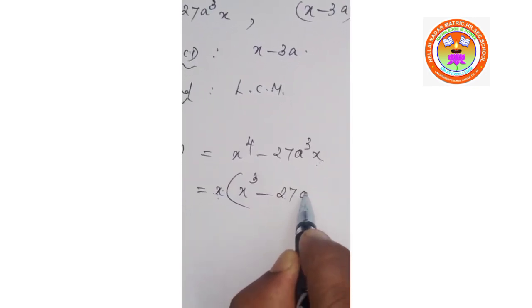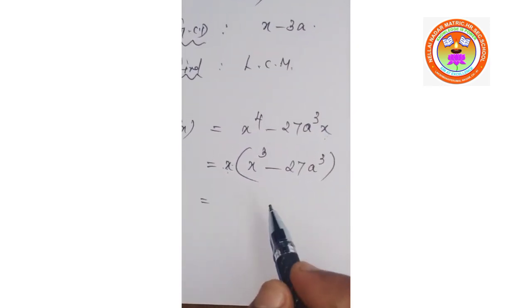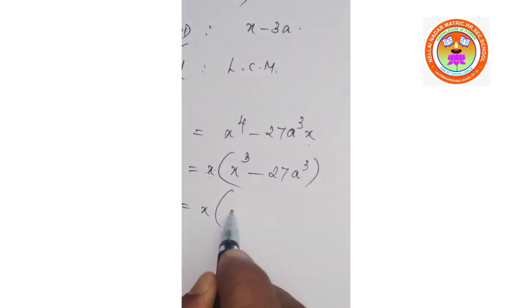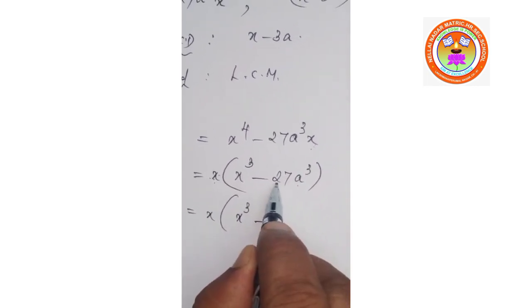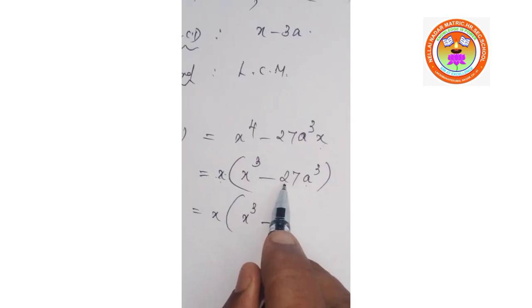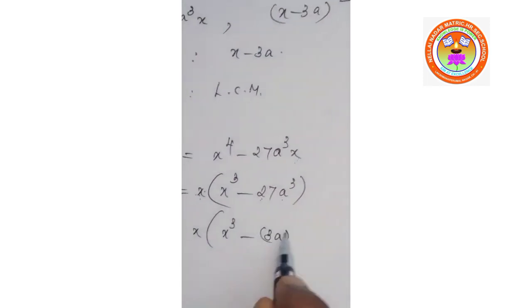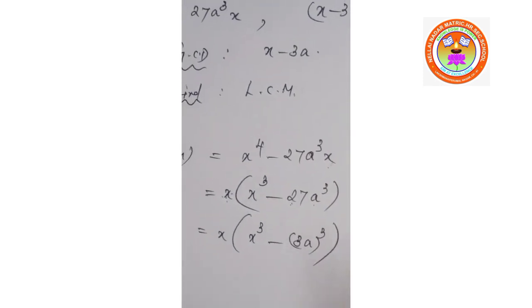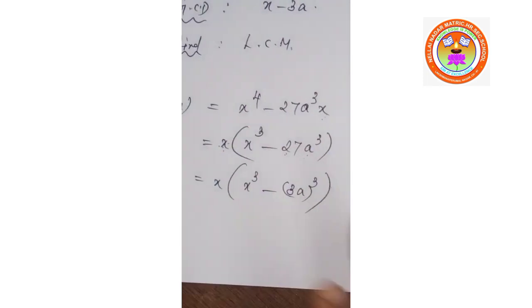The cube is only for a, not for 27. So I can write 27 a cube as (3a) the whole cube. Correct? Because 3 cube is equal to 27, and a power 3 is a cube. These two are the same.